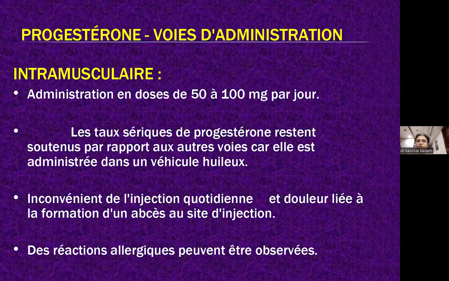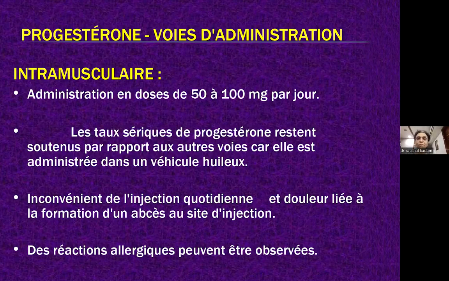So now we come to the intramuscular preparation. It is administered in doses of 50 milligrams or 200 milligrams. Usually when we have patients who are self-cycling, we give them around 50 milligrams of IM preparation. In fact, in my practice now, we are hardly using any intramuscular progesterone.